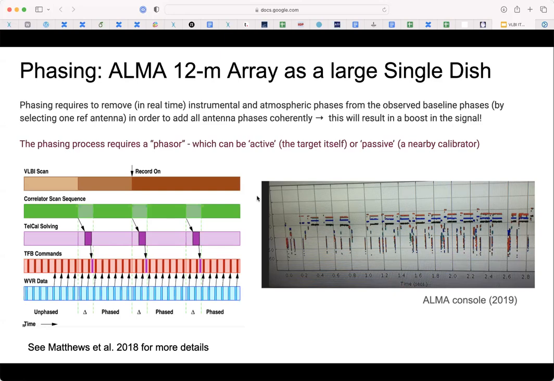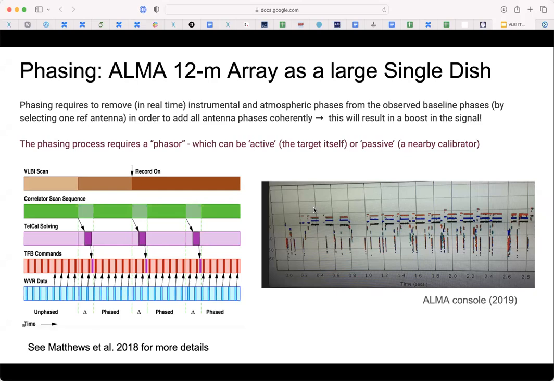In order to do this, however, we also need a phasor. So we need a strong signal on which to apply this correction, that we use to determine what the corrections are and apply them. The phasor can be active or passive. What does that mean? An active phasor is when the target itself, say you're observing M87, is strong enough to act as a phasor to determine those solutions.